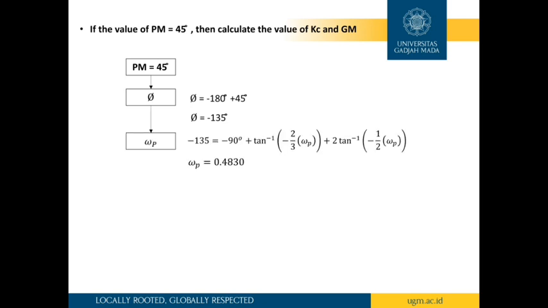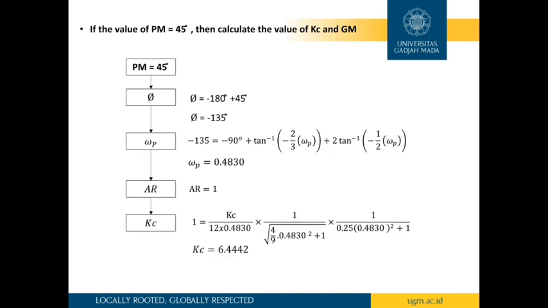First, we should find the value of phase, which is minus 135, and we can get the value of omega P by inserting the phase value of minus 135 into the phase equation, and we get omega P equal to 0.48.